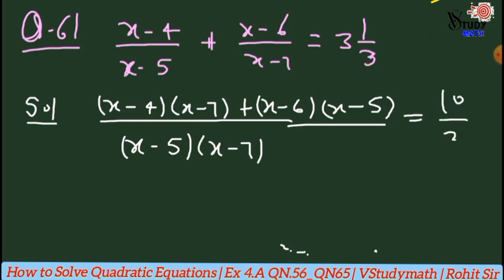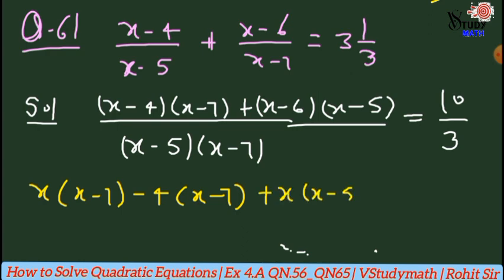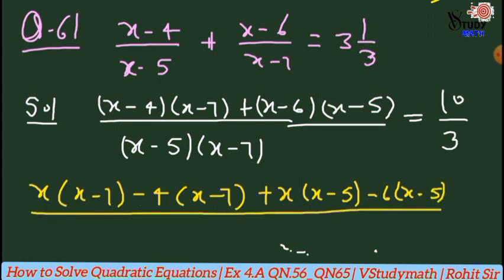Now multiply. The next step is that x is going to multiply x minus 7, and minus 4 is going to multiply x minus 7, plus x is going to multiply x minus 5, and negative 6 is going to multiply x minus 5, upon x multiplied by x minus 7 and negative 5 multiplied by x minus 7, is equal to 10 by 3.